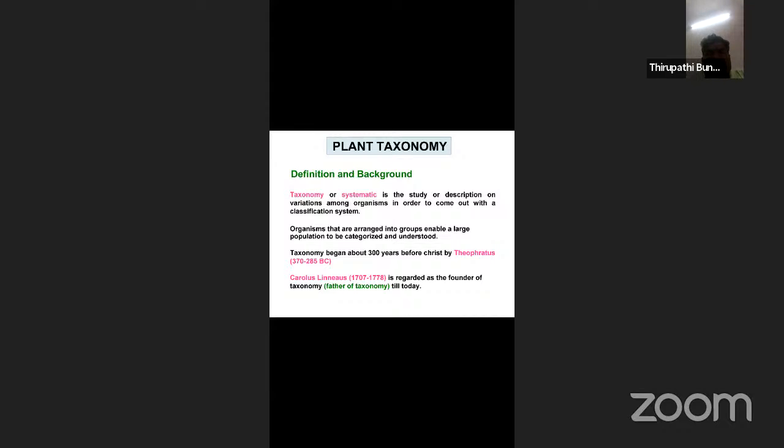Next, Pterocarpus santalinus, that is red sanders or lal chandan. This plant belongs to the Fabaceae family.